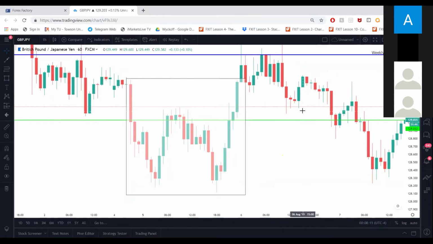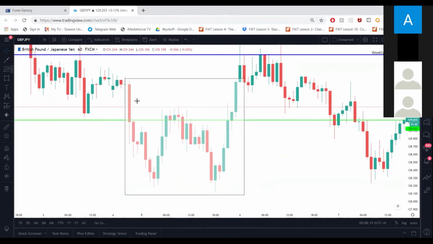So when do you use Fibonacci? Question number one. You use Fibonacci after the impulse move has completed. When is this impulse move completed? We have the start of the bearish move, bearish move, bearish move. You can say that it was completed here, so this would be the first.